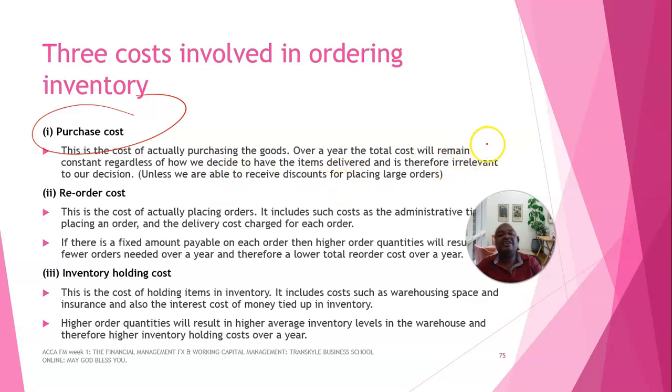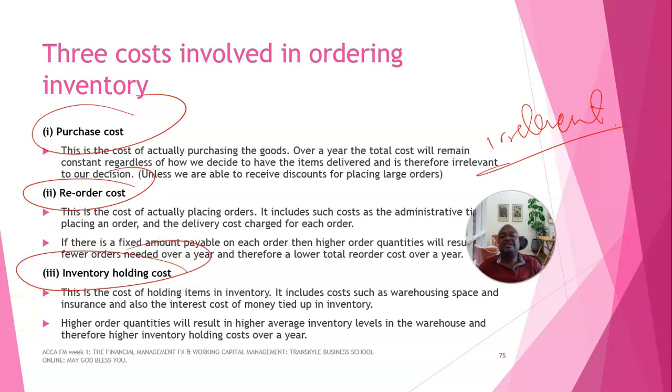Other than that, if it is just the ordinary fixed amount, then the cost is considered irrelevant. Now, the following two costs, the reorder cost and the holding cost, are considered relevant.